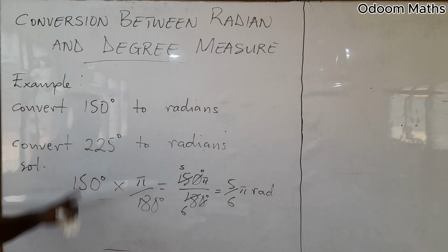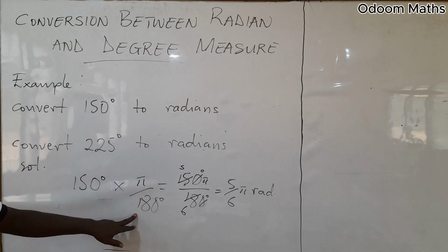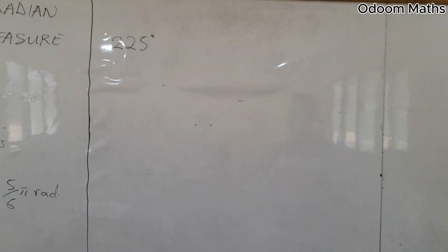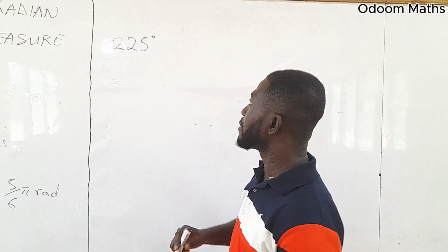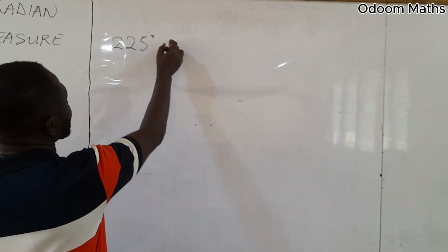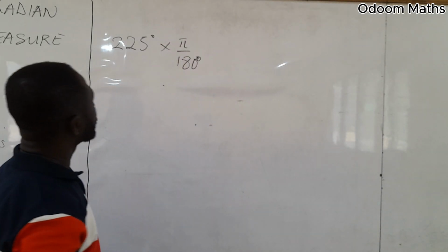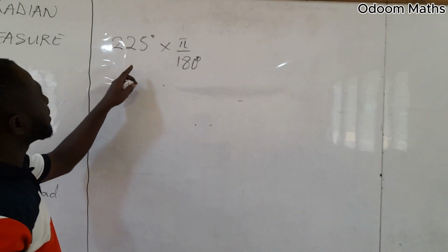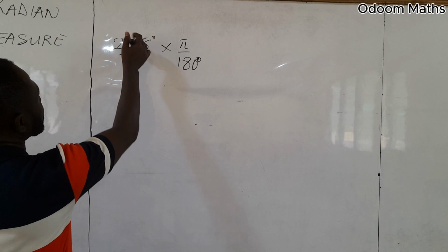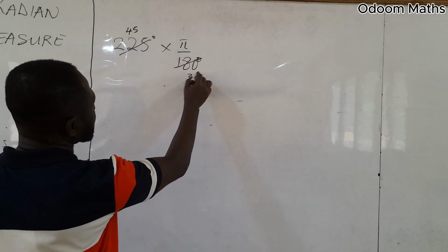Now let's look at the second example. We also need to multiply 225 degrees by pi over 180. We can divide by 5. 5 into 225 is 45, and 5 into 180 is 36.